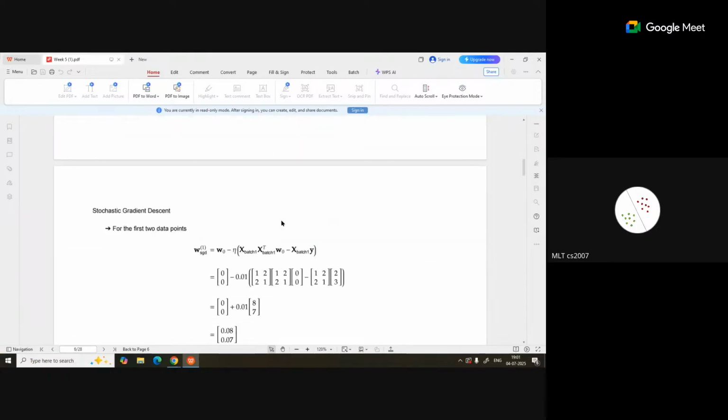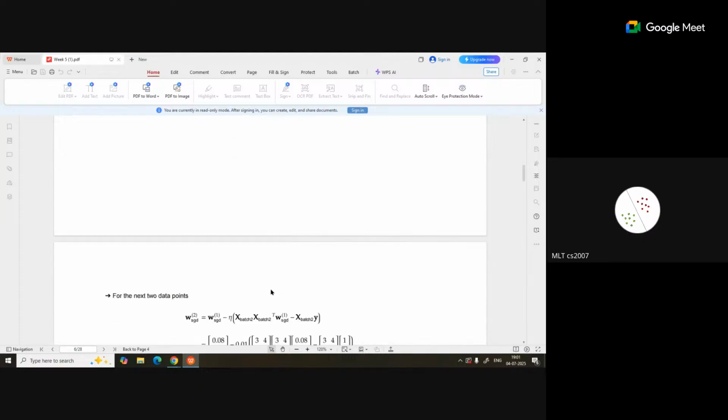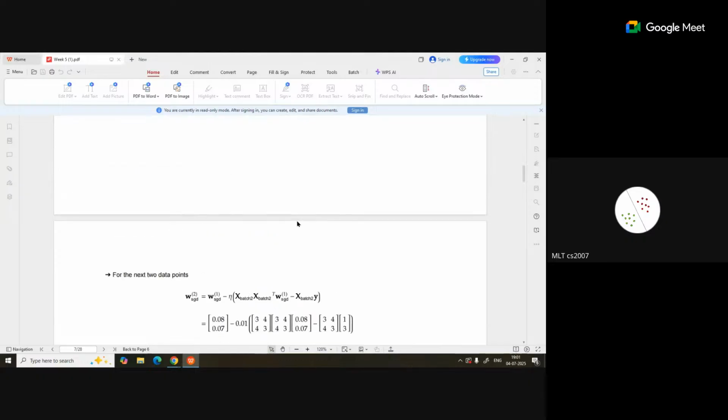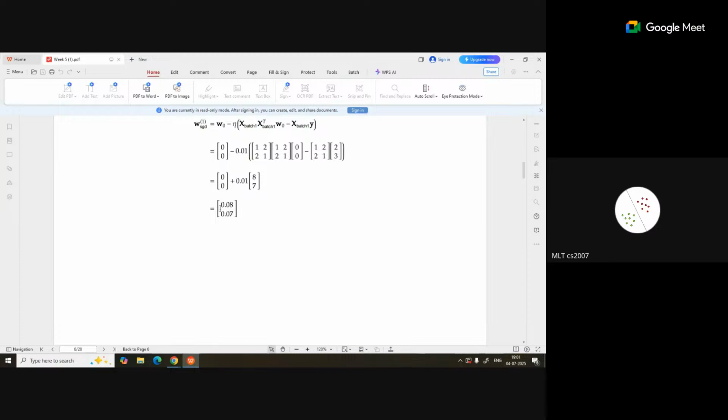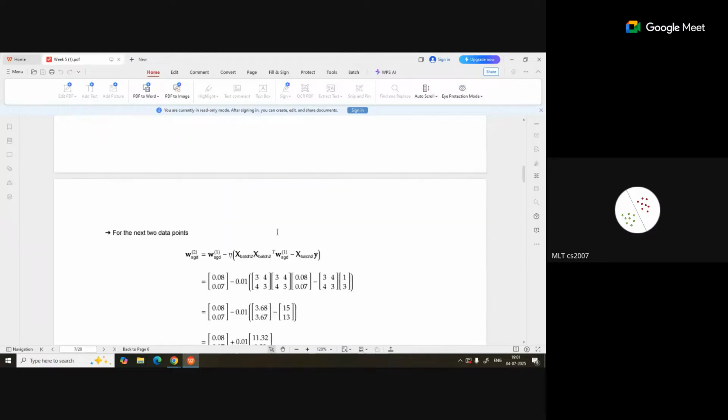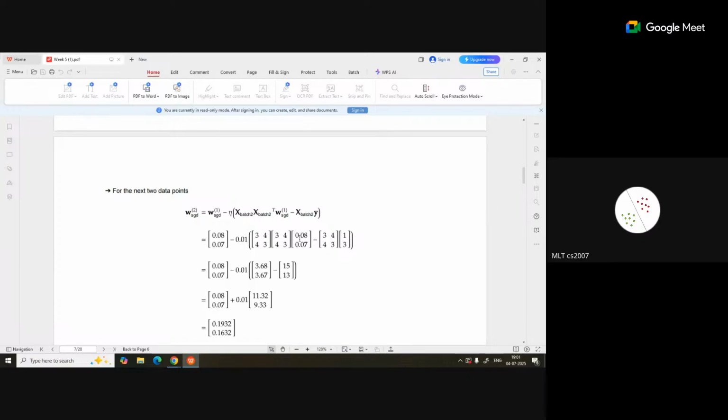Because we have to use the entire data set for calculation of the updated weight vector. Now in the second batch, either you can use the updated weight vector from the previous batch, the one we have used in the first batch, for the second batch, which is 3 4 4 3.